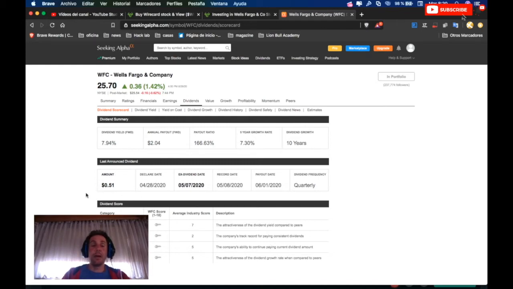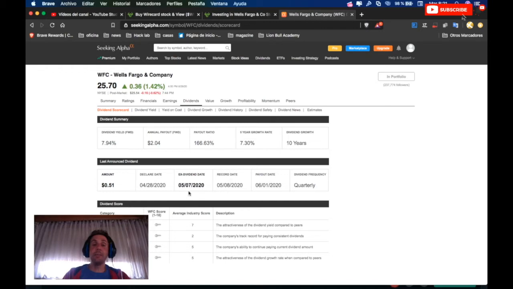After that we'll see the amount they're going to pay us quarterly. The declaration date means the date they say they're going to pay this amount of money to us. The ex-dividend date: we need to own the stock 3 days before this ex-dividend date in eToro, just keep this in mind. The record date: you need to own this stock at least 1 day after this record date to really get the chance to get the dividend.